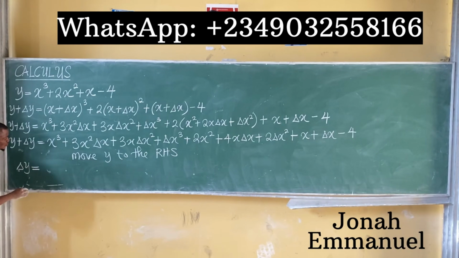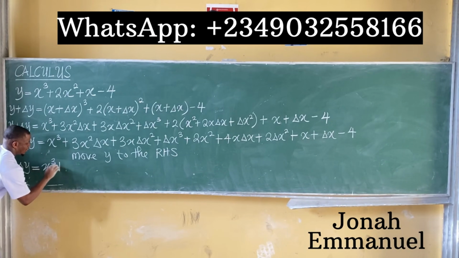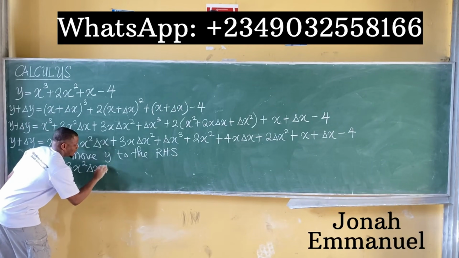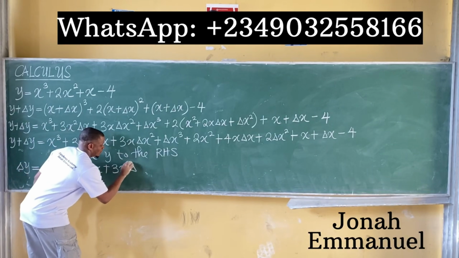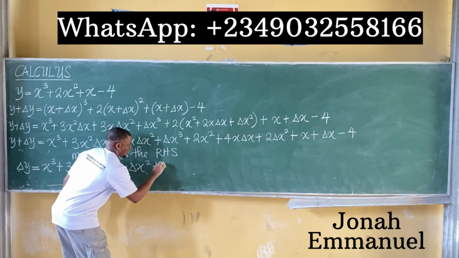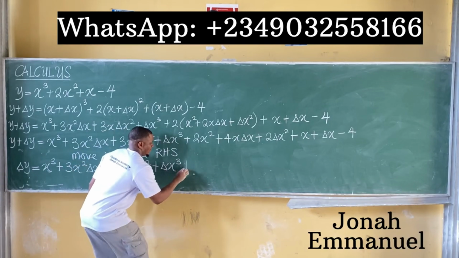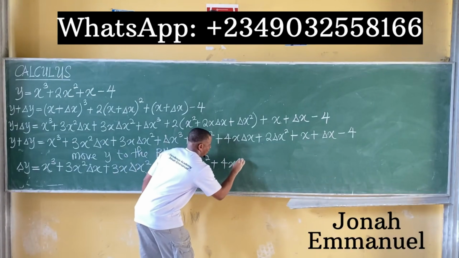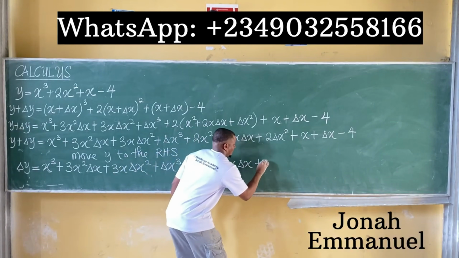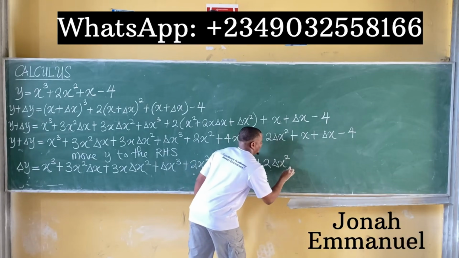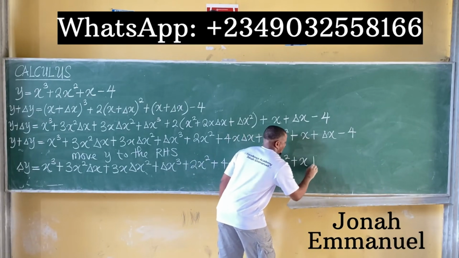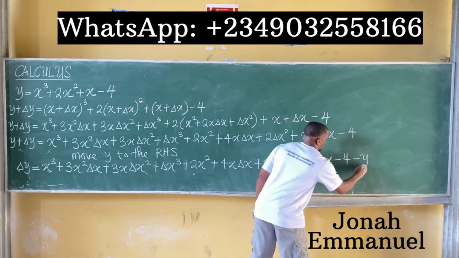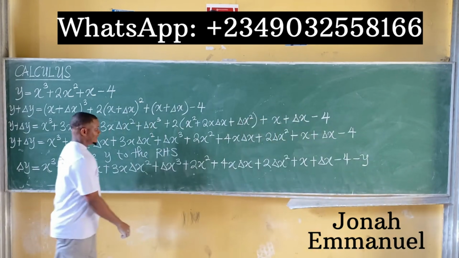Change in y is equal to x cubed plus 2x squared plus 4x change in x plus 2 change in x squared plus x, then minus y.